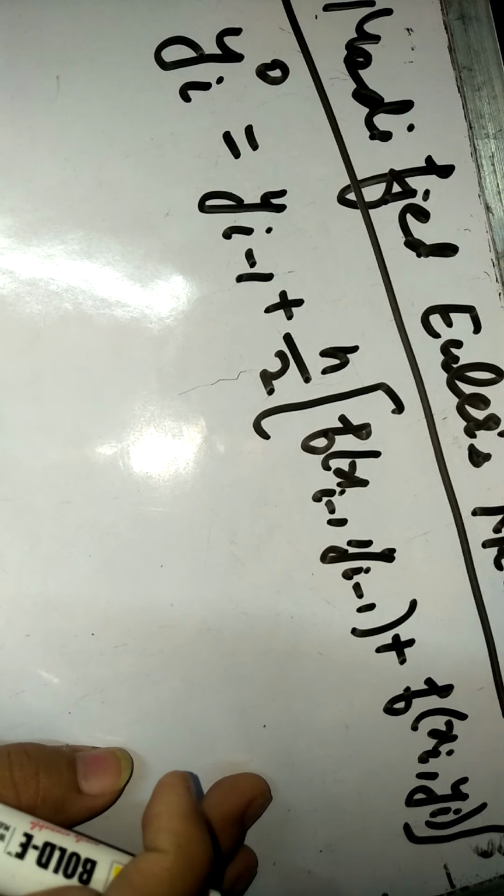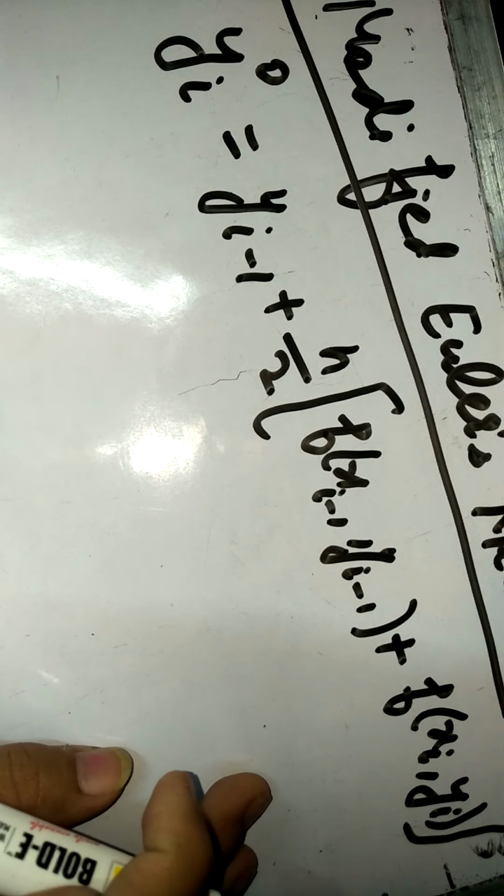So if we substitute i equals 1, we get y1 naught equals y naught plus h by 2 times f of x naught comma y naught plus f of x1 comma y1.